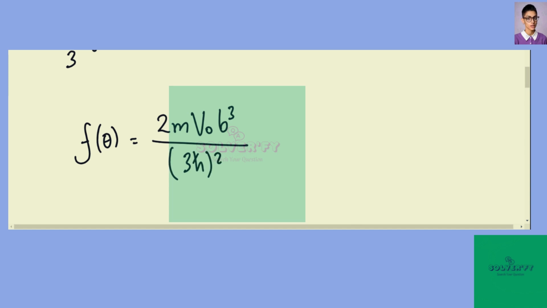This result is real and independent of theta, so indicating that the scattering is isotropic. Consequently, the total cross-section is simply equal to 4 times pi times the square of this function that we have in here.